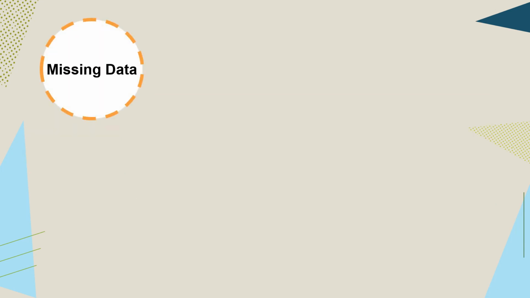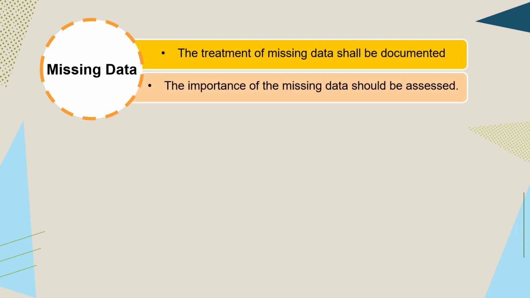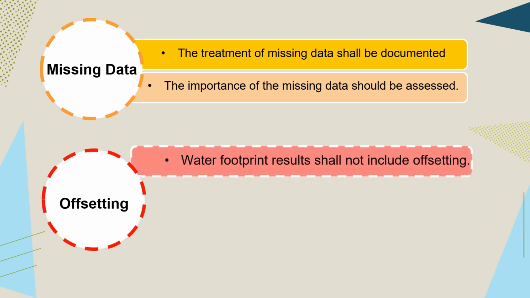For missing data, the treatment of missing data should be documented, and the importance of the missing data should be assessed. Offsetting: the water footprint result should not include offsetting.